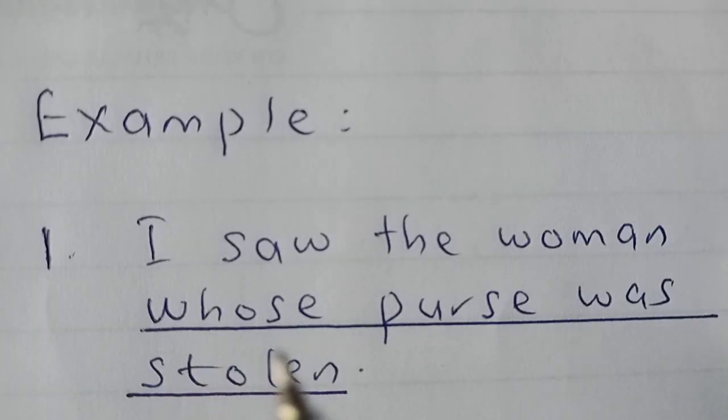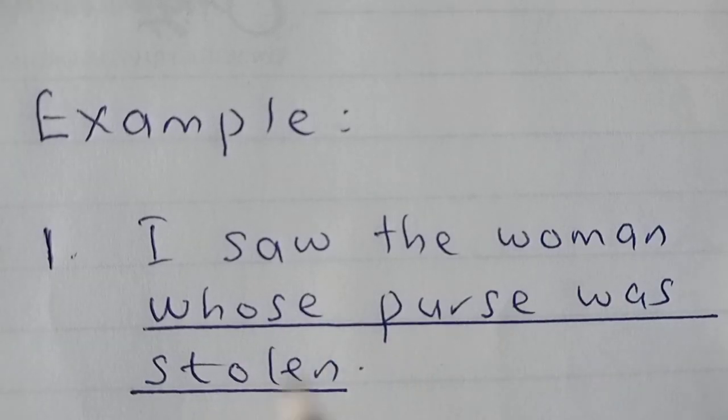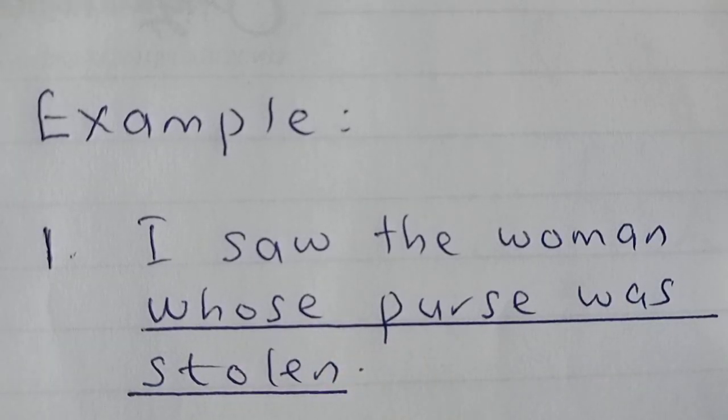So the dependent clause is underlined. This is a clause because it has a finite verb, was as your auxiliary verb, and stolen. It agrees with the subject, the person who carries the action of stealing. This agrees with that, although this is the passive voice. Yes, but it agrees with the performer of the action, the person who carries out the action of stealing. That's the subject. That is why this is a clause.